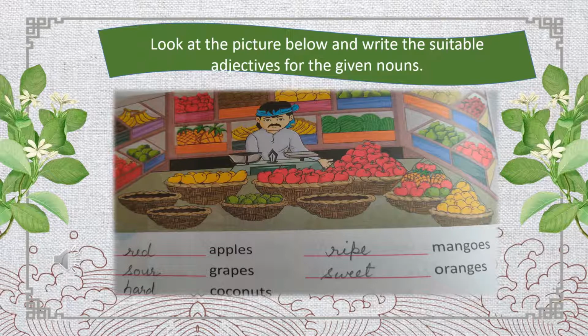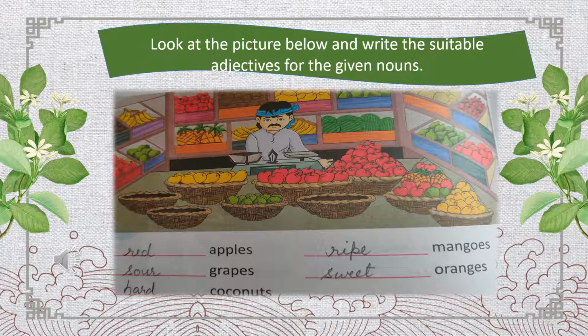So for the same noun we can use multiple adjective words. So let's start. The first one is apples. So I have written red apples. It can be juicy apples, fresh apples, shiny apples, tasty apples, anything.